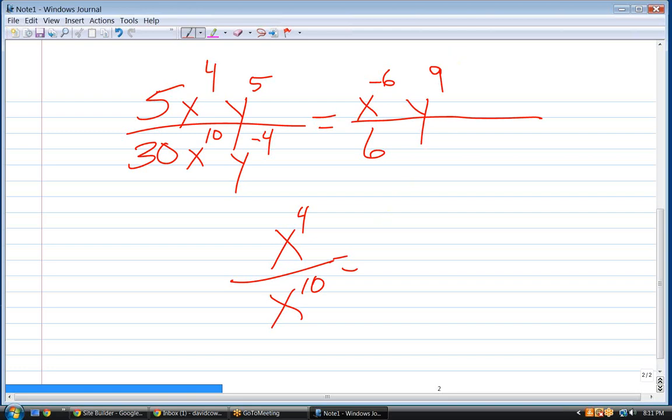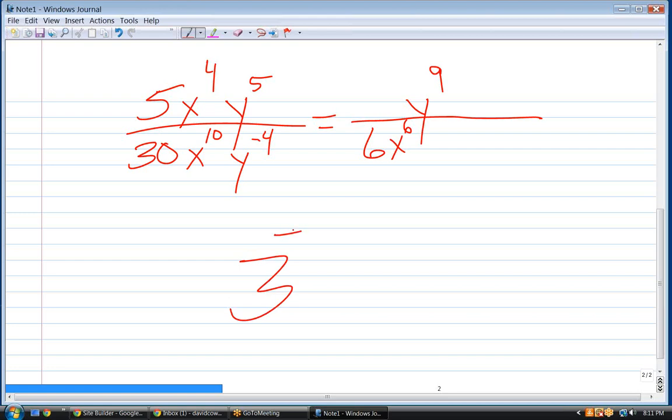So that's our answer, but it's got a negative exponent in it. How do we change that x to the minus 6 to be positive? Put it on the other side of the fraction bar. I think she calls it the upstairs, downstairs. In other words, any time you have a negative exponent, it has nothing to do with negative numbers.